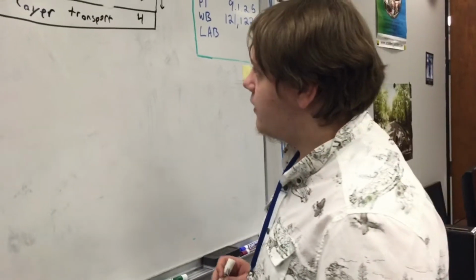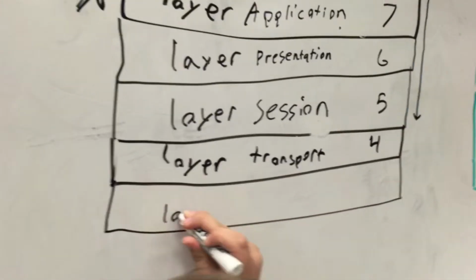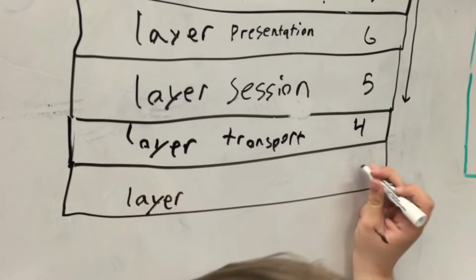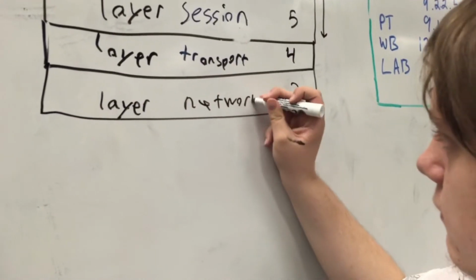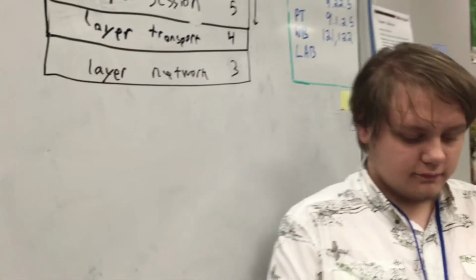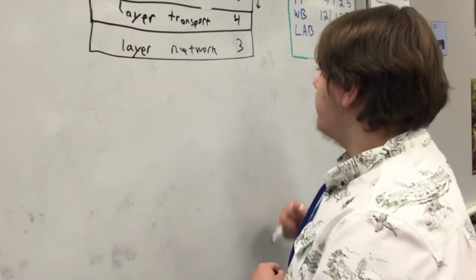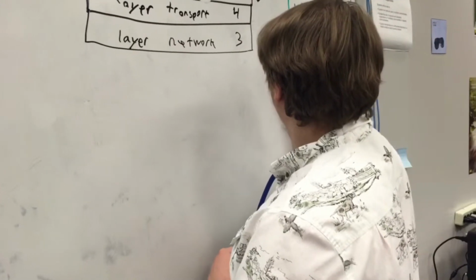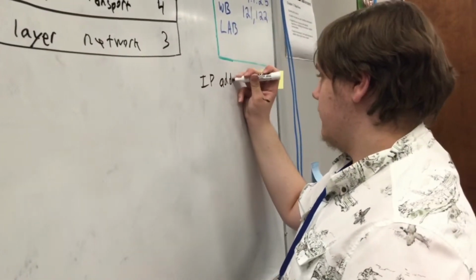And then from layer 4, it goes down to layer 3, network. Layer 3 network is, you might be familiar with this, IP addressing.